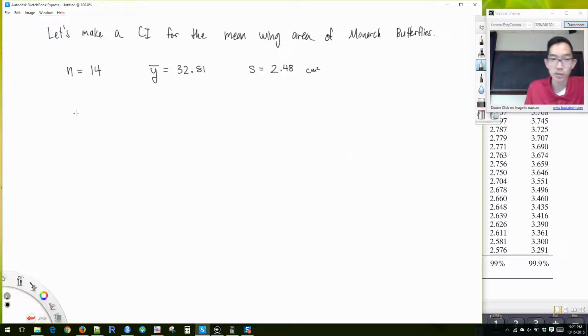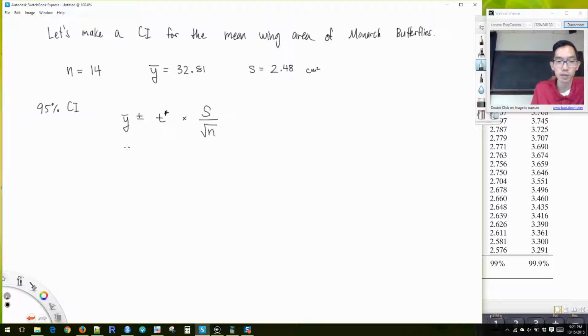Okay, so let's do a 95% confidence interval, and that would be y bar plus or minus t star times, instead of sigma, s over the square root of n. I'm writing t star to indicate this is a value coming from our t table.